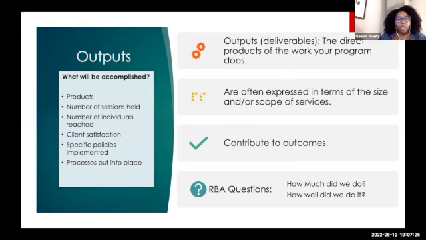If you are providing jobs, you want to say how many jobs you provided, the number of youth that you employed. These are often expressed in terms of the size and scope of your services. So if your activities are your services, the outputs are the amount of services that you actually provided, size and scope. And then the outputs contribute directly to your outcomes.